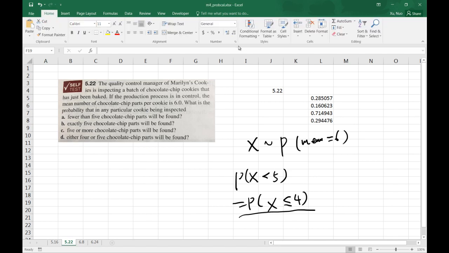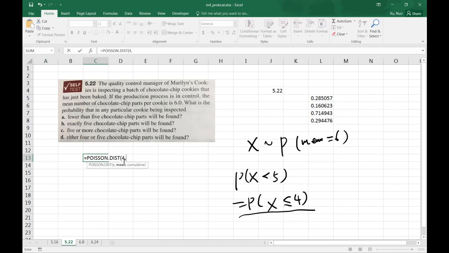So let's use the Excel Poisson distribution function for this calculation. Now it takes three parameters. X is the value that the variable wants to take on. In this case, I will use 4 here.